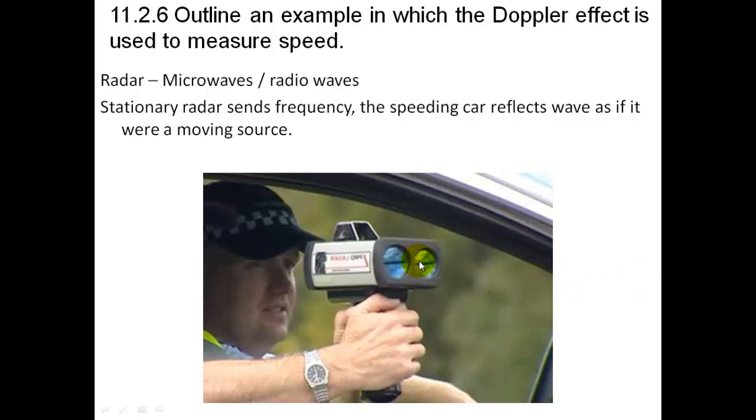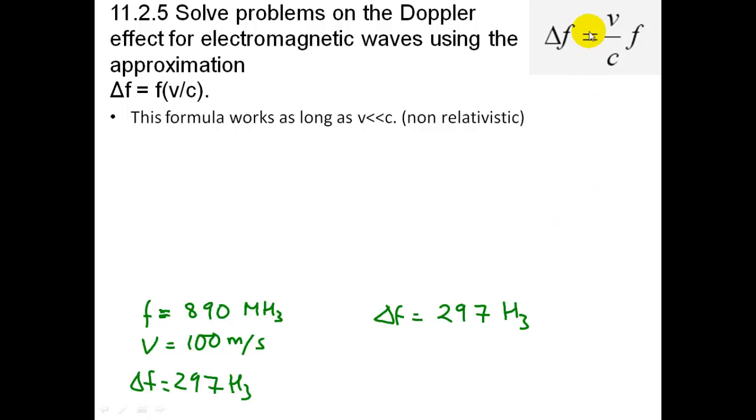The Doppler effect is doubled, because you have a stationary source and a moving observer, but then it's reflected, and you have to apply the Doppler effect again, because the moving object is treated as a new source, so it happens twice. Once is the original signal, one is the reflection. So this equation would be double the frequency, 2 lots of this value, if it gets reflected.